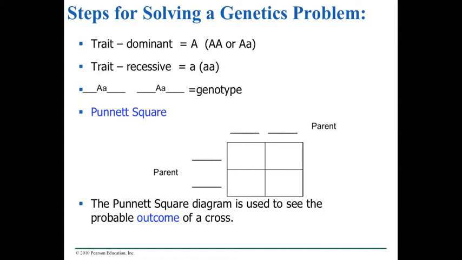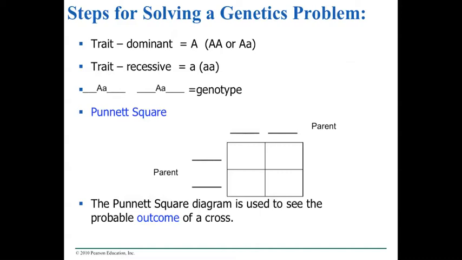So here's the Punnett square, and we are crossing, which means mating, two heterozygous. And uppercase A, lowercase a is the genotype, and the phenotype is determined by the dominant trait. Doesn't matter what it is. We're not talking anything here. We're just saying a dominant and a recessive.